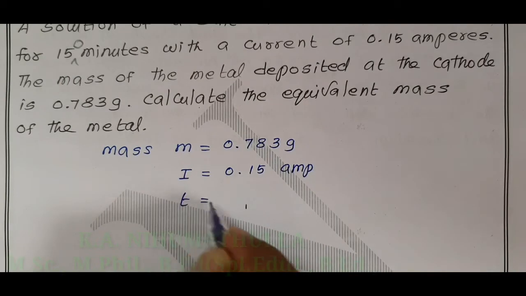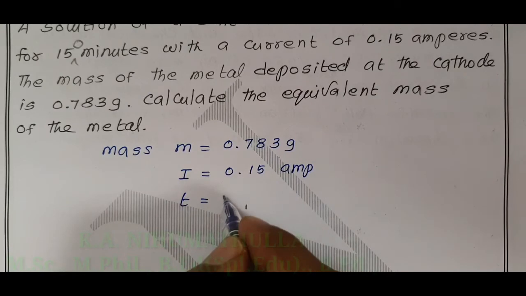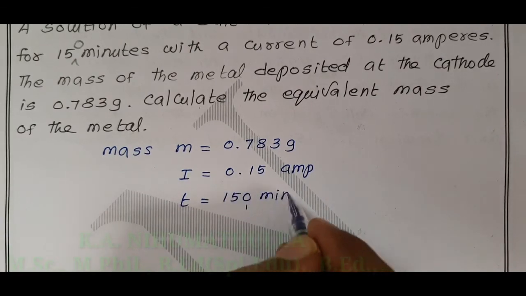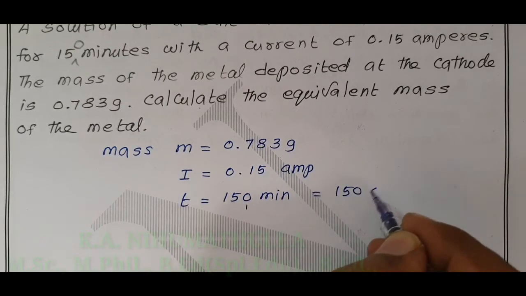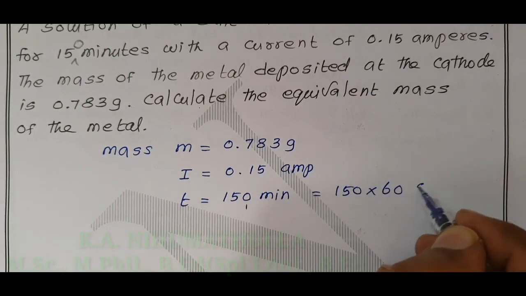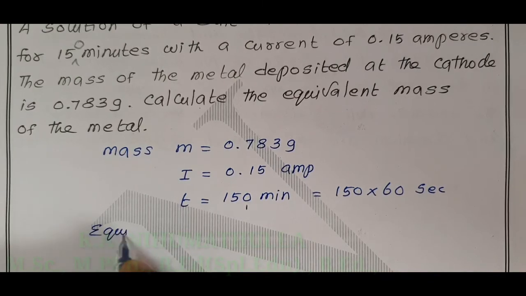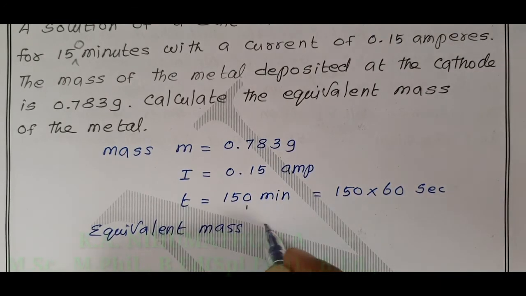Time given is 15 minutes in our book. Now we take that as 150 minutes, that is equal to 150 into 60 seconds. What we are going to calculate is the equivalent mass.